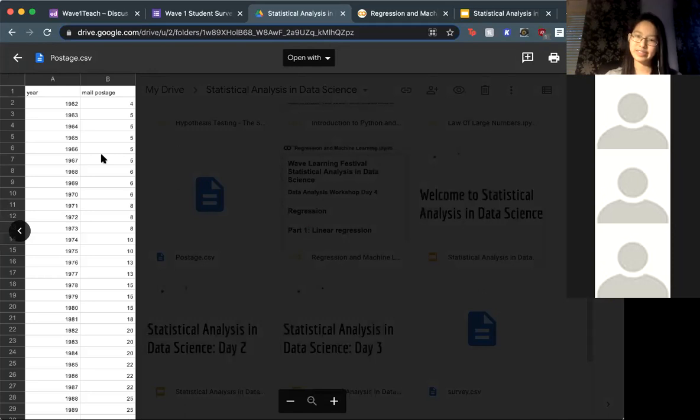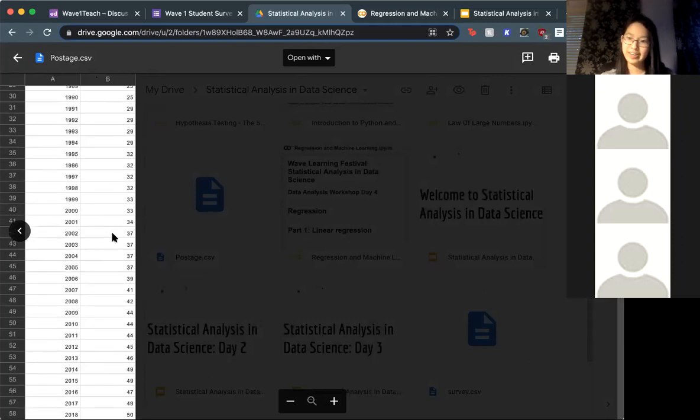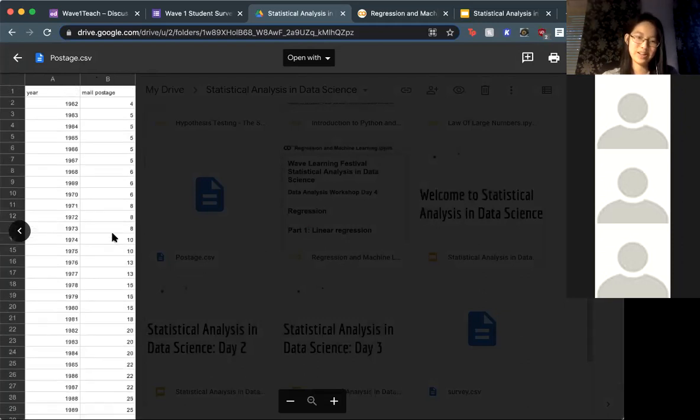The data set is a nice little quantitative thing, just 2 columns, very simple compared to everything else we've done. It's the year, and the amount of mail postage being sent out in that year. Is this accurate? I'm not sure, and you probably can't draw real conclusions from it, but it's a good test data set for your linear regression experience.